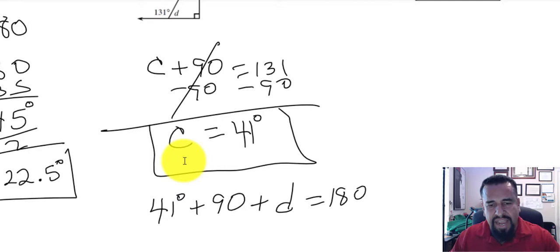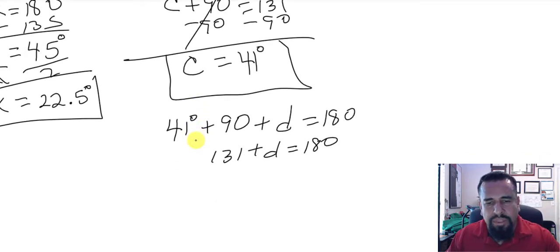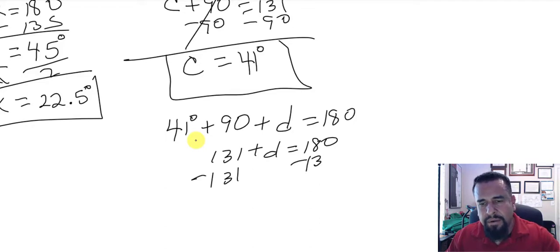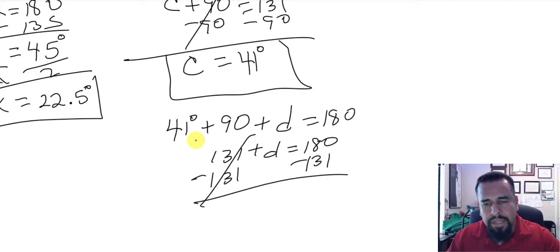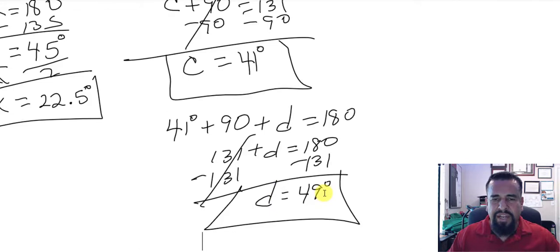So in this case, I have 131 plus D equal to 180. Go ahead and subtract 131 from both sides right here. And we have D equal to, that would be 50, so that's 49 degrees. So there's that variable that we solved for, which is D equals 49 degrees.